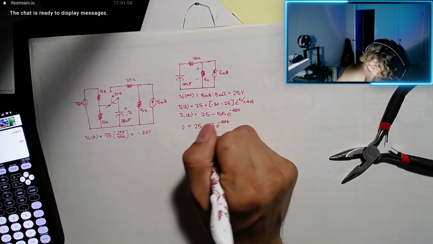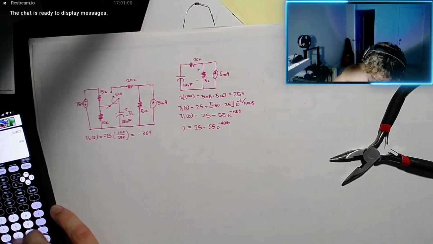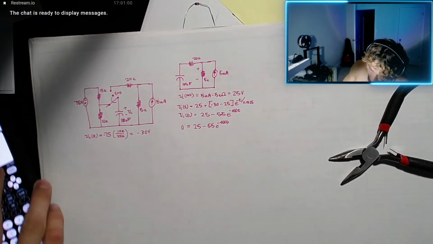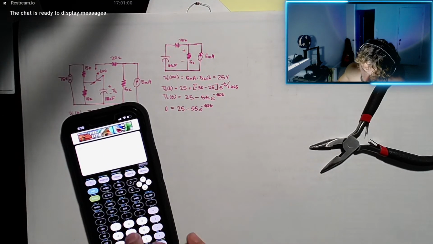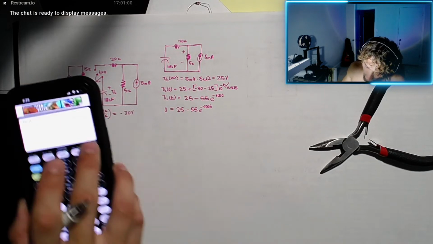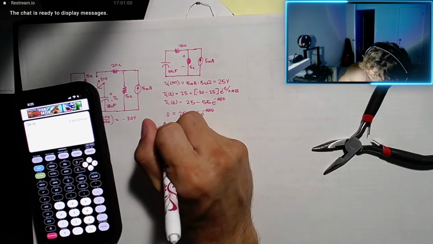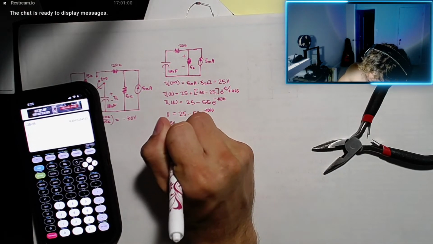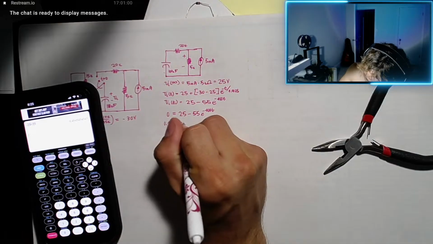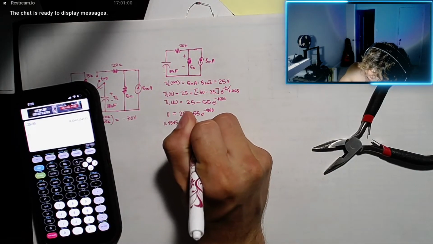So negative 25 divided by negative 55, so 0.4545 equals e to the negative 400 t.